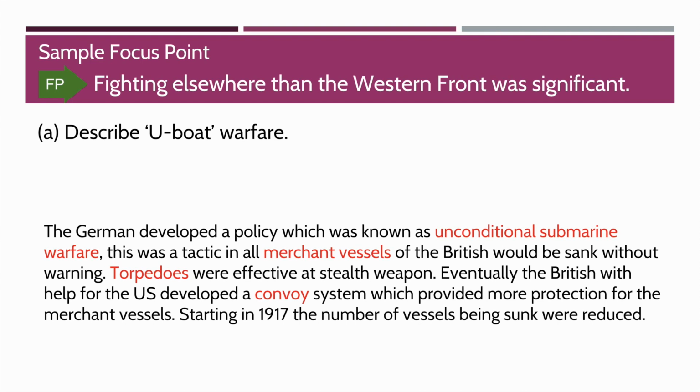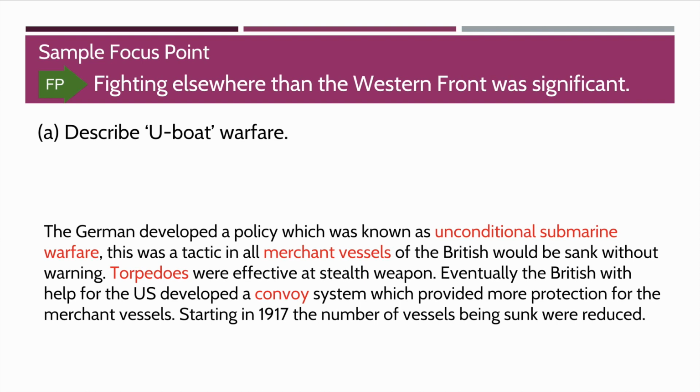First piece of information that is evidence. The German Navy developed a policy which was known as unconditional submarine warfare. This was a tactic in which all merchant vessels of the British would be sunk without warning. Torpedoes were effective as a stealth weapon.